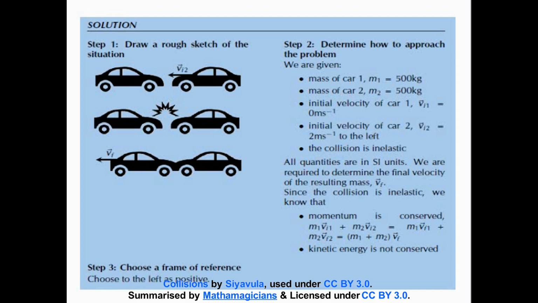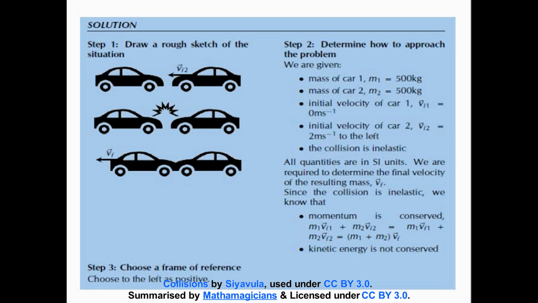The initial velocity of the second car, vi2, is 2 meters per second to the left. The collision is inelastic. So all the information we have been given, we have written down into 5 points. Now all the quantities are in SI units, in other words, they're in the correct units. And we are required to determine the final velocity of the resulting mass, in other words, vf.